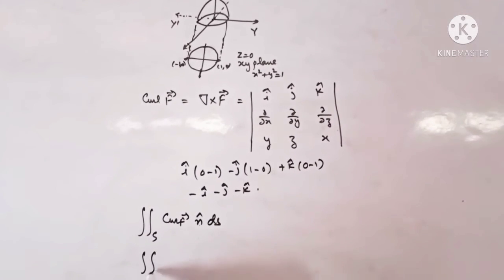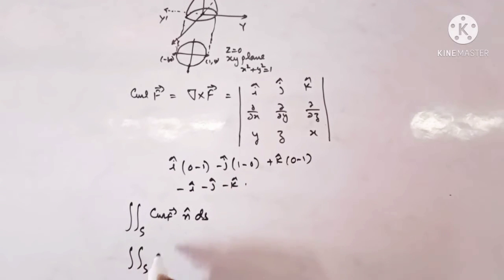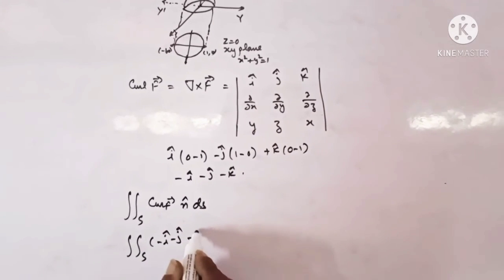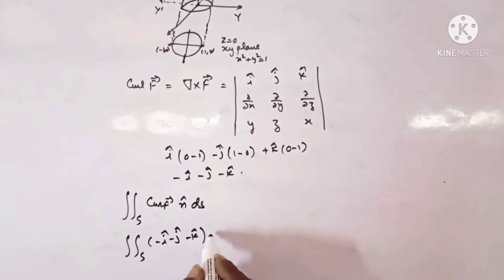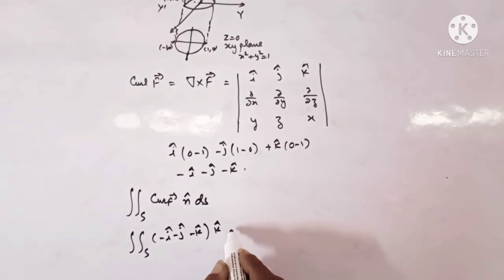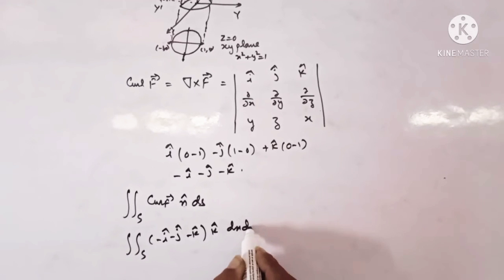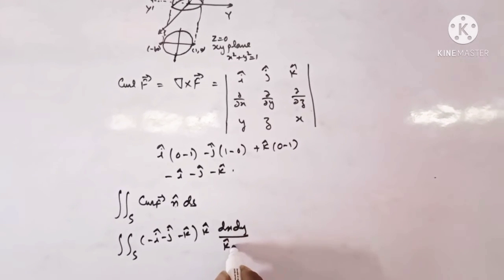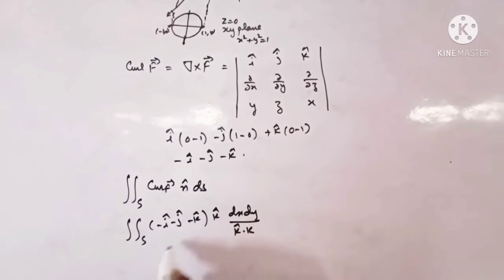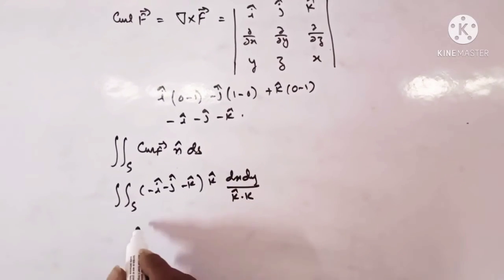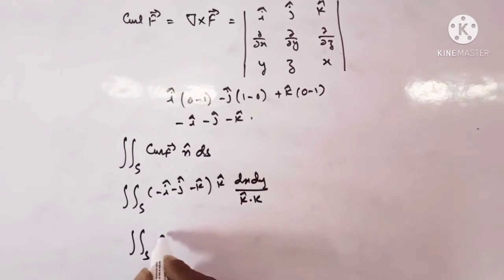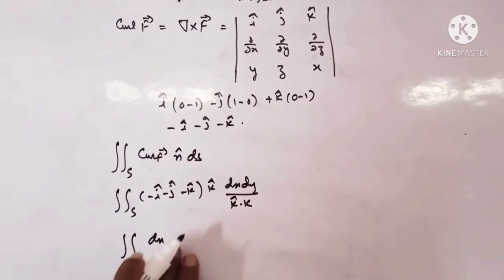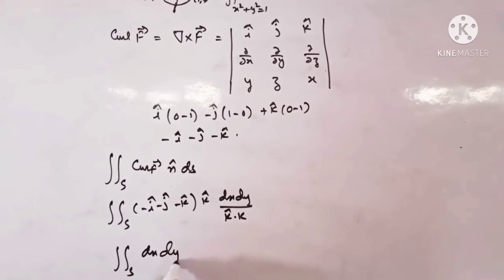So curl of F is minus i cap minus j cap minus k cap, and n cap is k cap, and dS is dx dy divided by n cap dot k cap. This comes out to be dx dy.